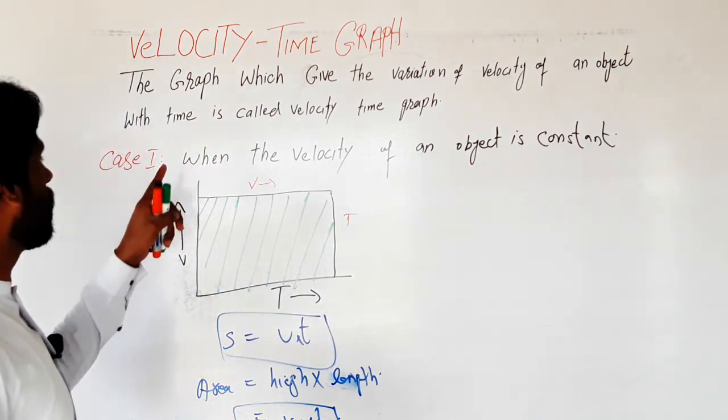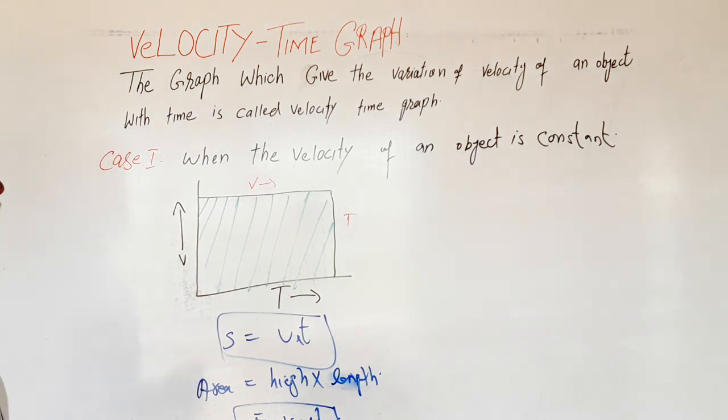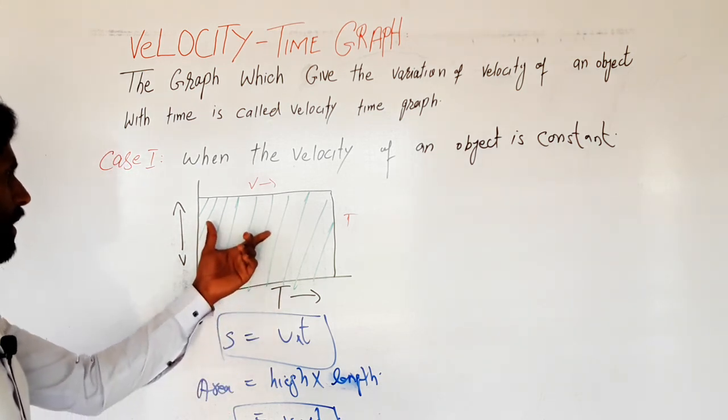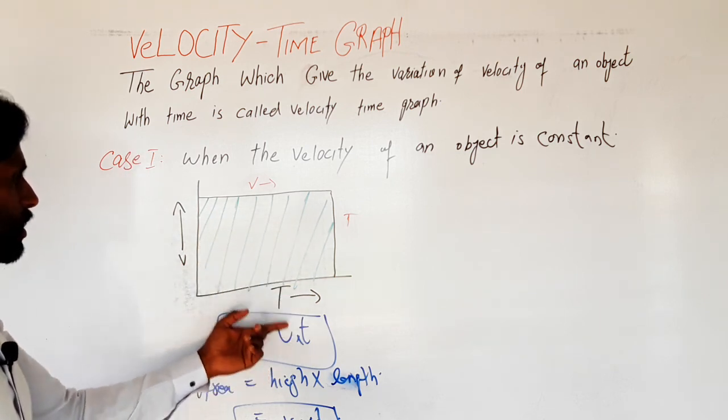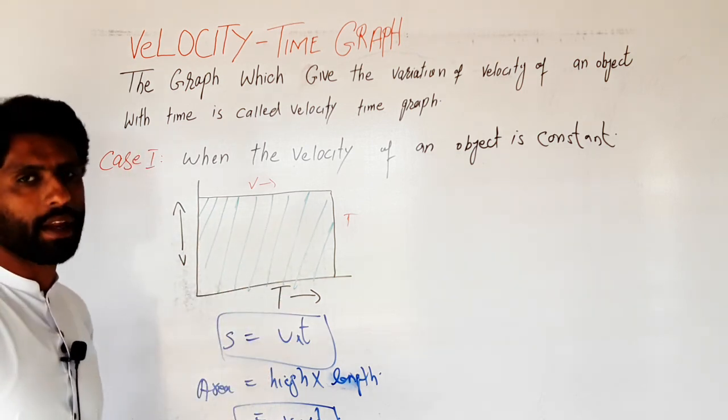This is the first case, when the velocity of an object is constant: the distance covered by the body is equal to the area, Vt.